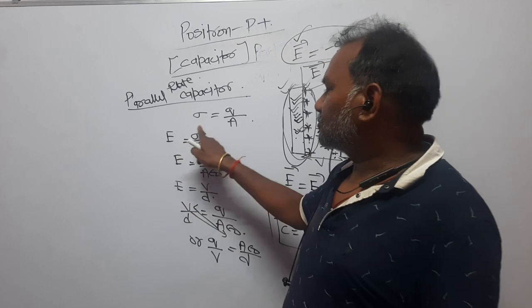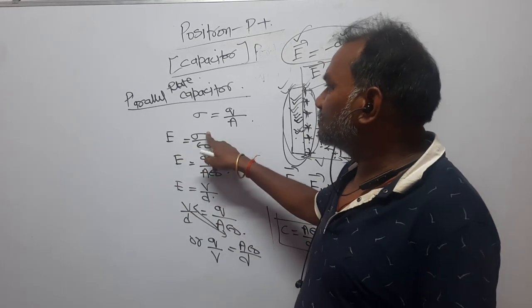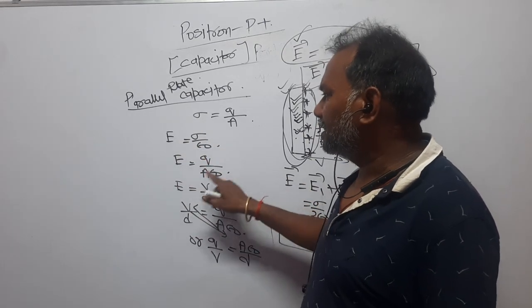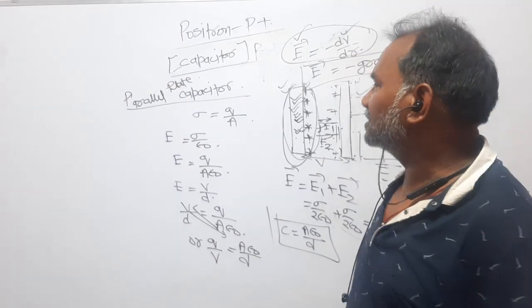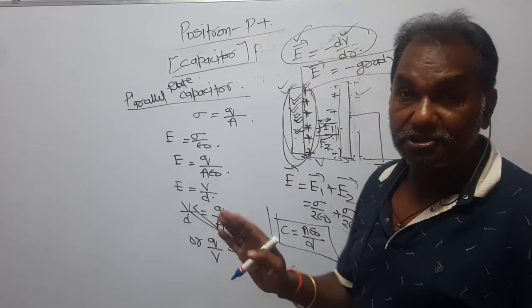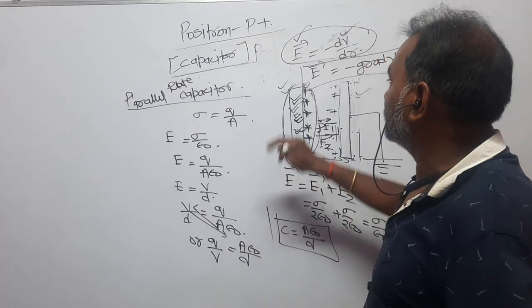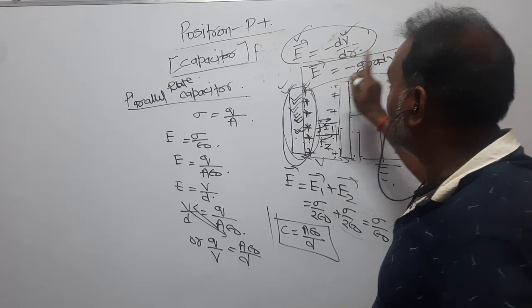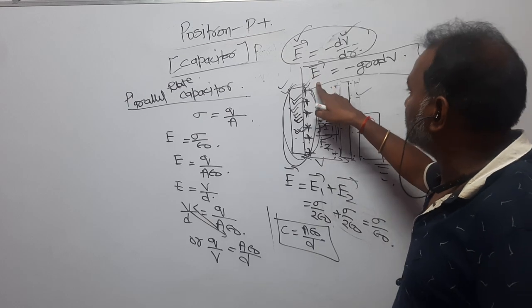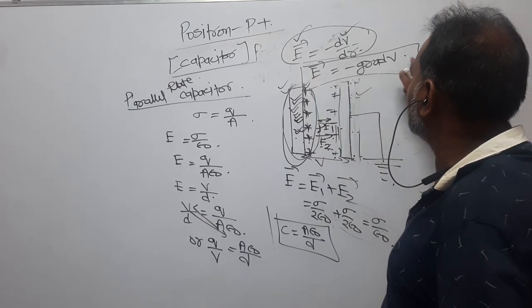So, E is equal to sigma upon epsilon naught. Sigma I have replaced with Q upon A, and E is equal to V upon D, the relation between electric field and potential in general. But actually, if you want to know what happens, E is equal to minus dV upon dr, or minus grad V. Or you can say that electric field is defined as the negative gradient of potential.